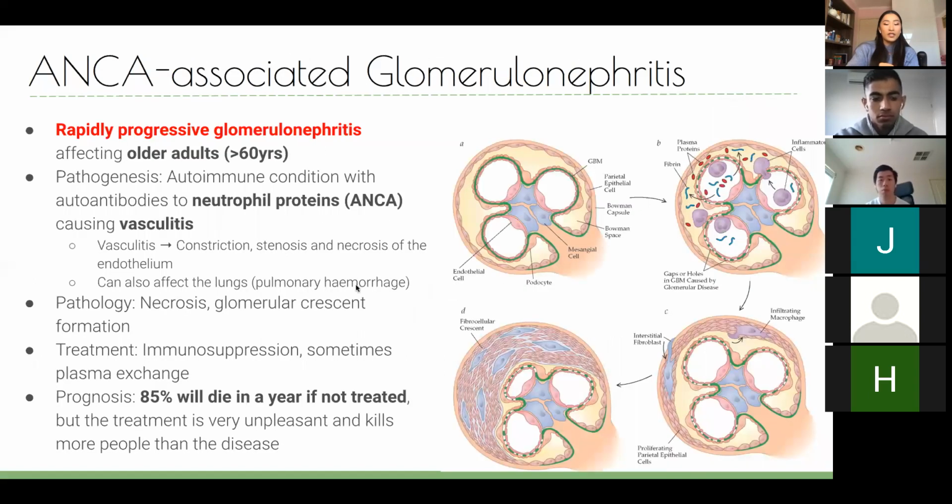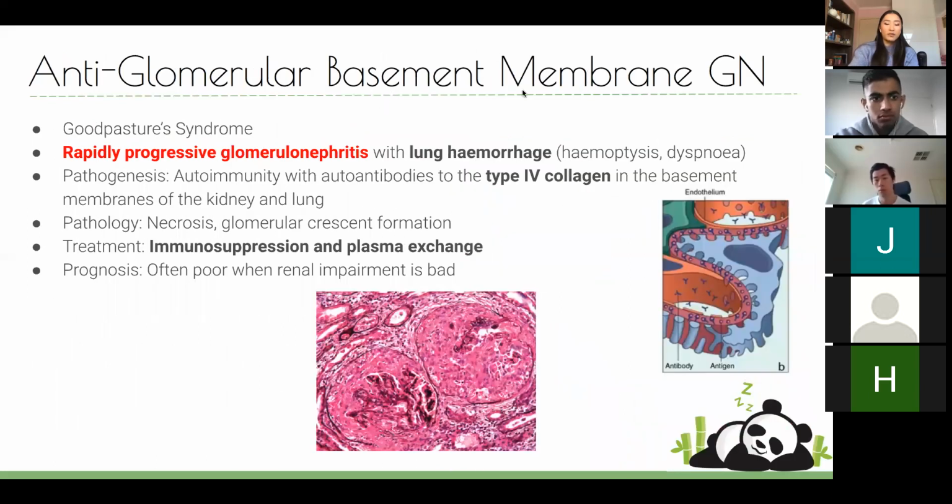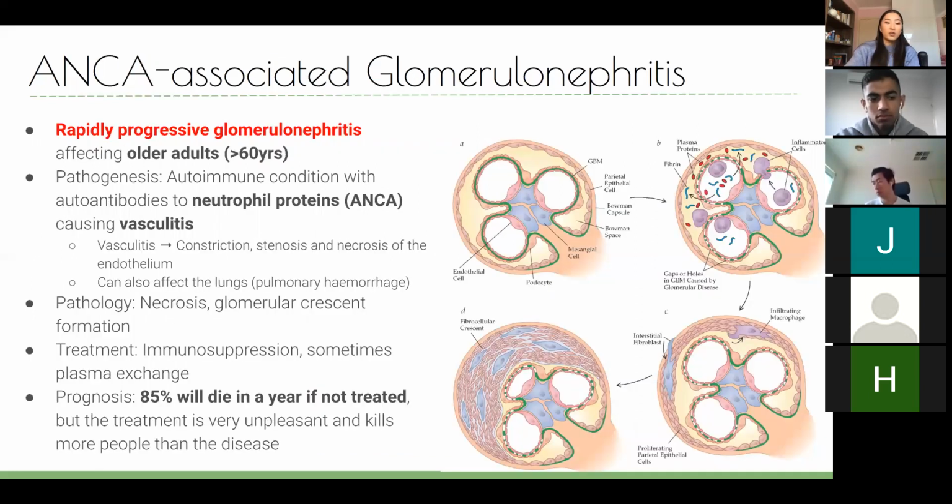Okay, and then we get into ANCA-associated glomerulonephritis and also anti-GBM. So these two are 2 of your 3 causes of rapidly progressive glomerulonephritis, the really bad one. So ANCA-associated affects older adults over 60 years, and it's due to autoantibodies to neutrophil proteins. So that's the ANCA. And ANCA causes a vasculitis, and with vasculitis, you get constriction of the arteries going into the kidney.